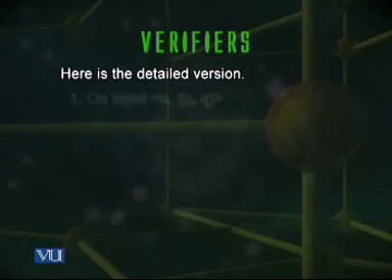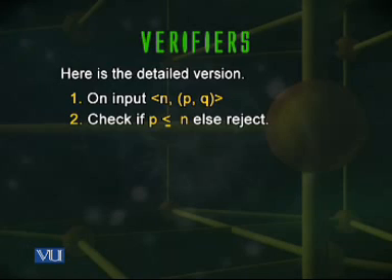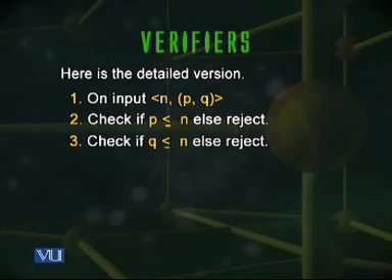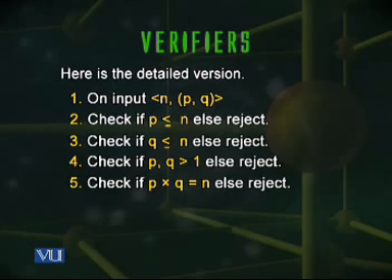Here's the detailed version of it. It takes an input n, and a pair p, q. It checks if p is less than or equal to n, otherwise it rejects. And then it checks if q is less than or equal to n, otherwise it rejects. Then it checks if p and q are both greater than 1, otherwise it rejects. And finally, it checks if p times q is equal to n.